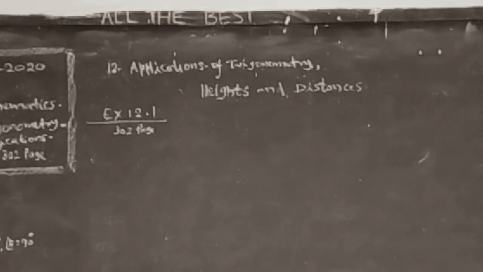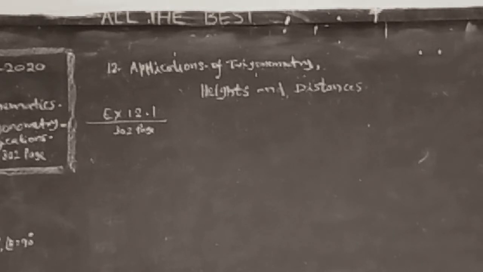After writing the given data, we have to use tan. Why only tan? Because the adjacent side is given and we are asked for the opposite side. The ratio relating these two sides is tan 45.